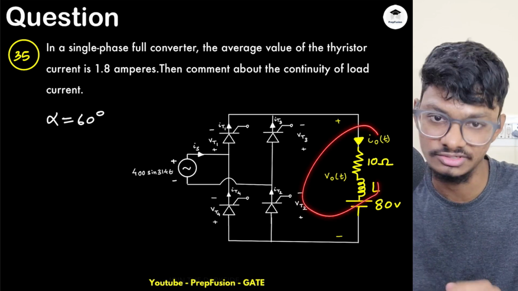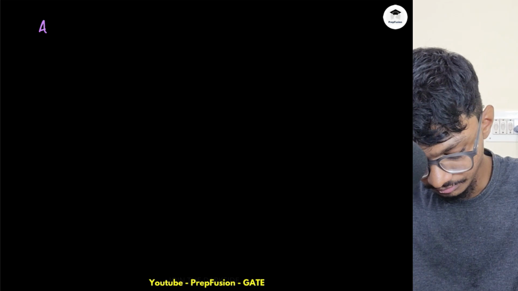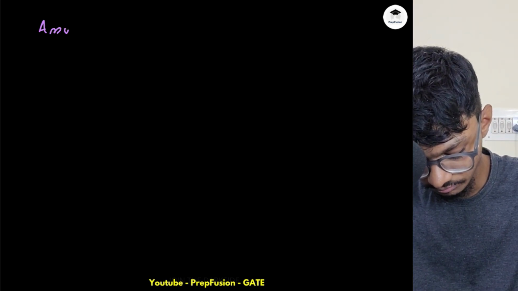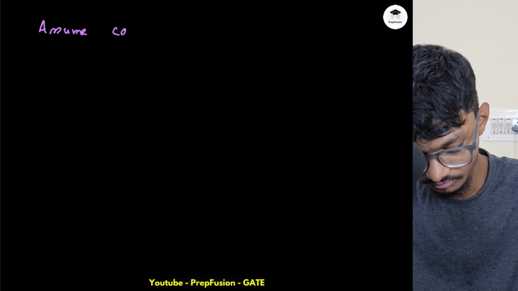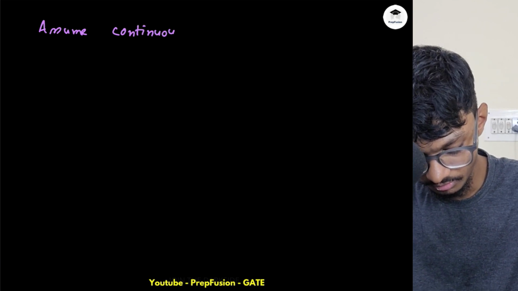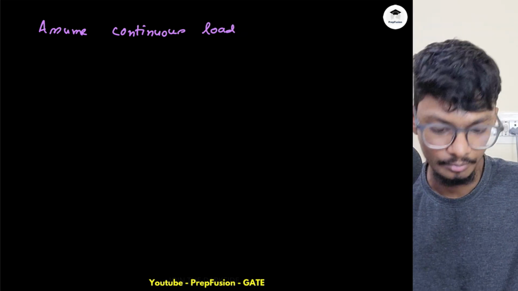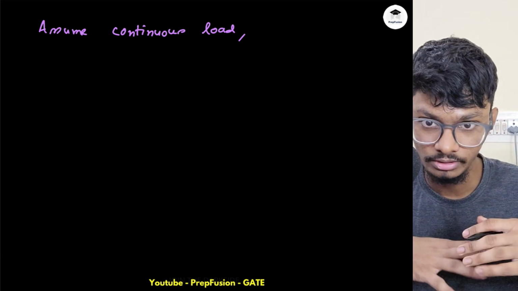When my load current is continuous. So I will assume the load current is continuous, and for that value I get the thyristor average current.